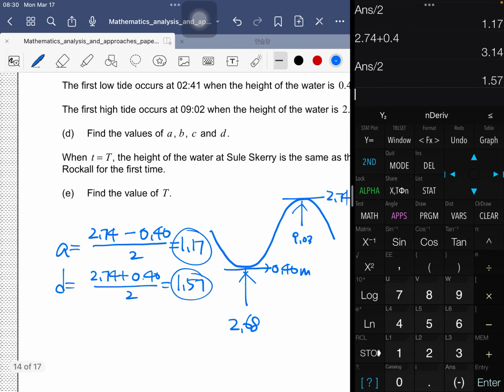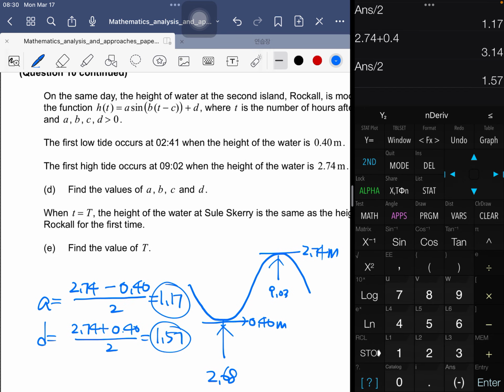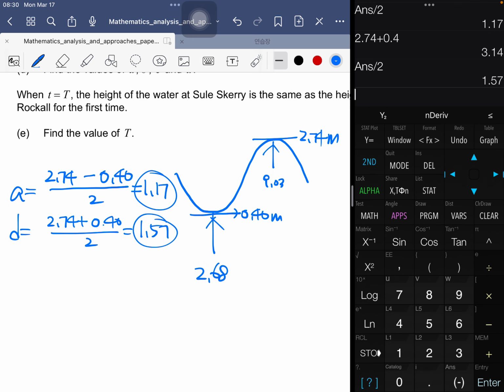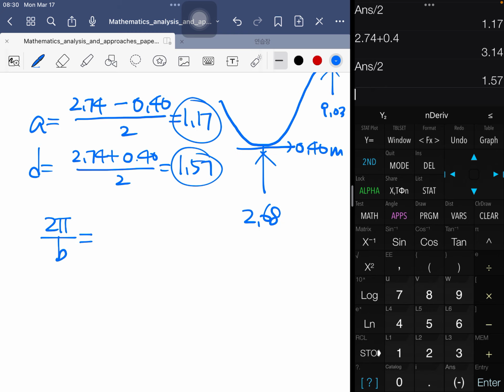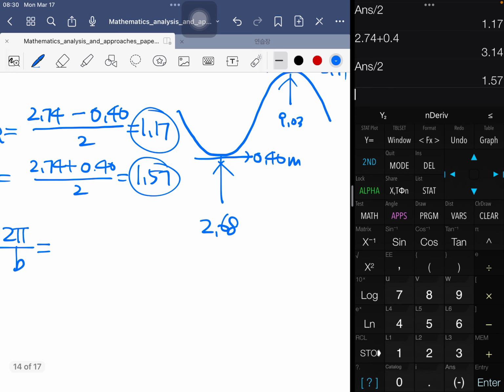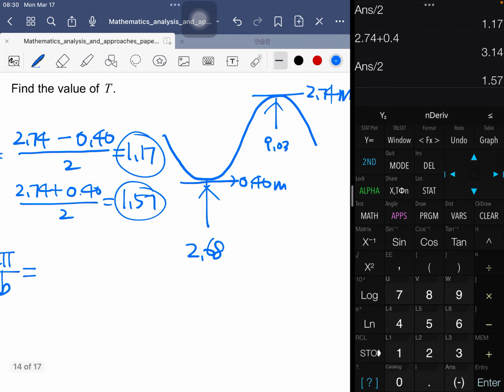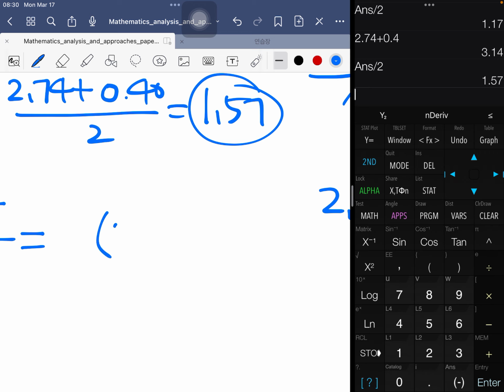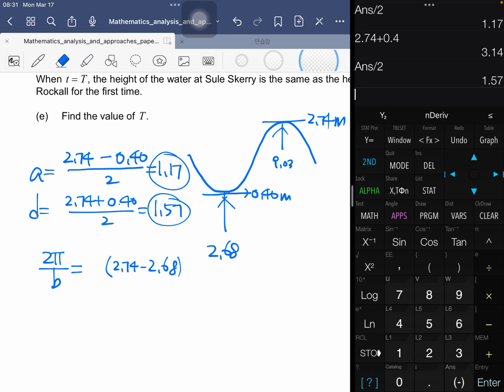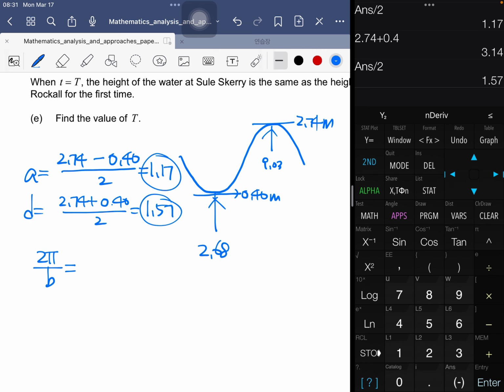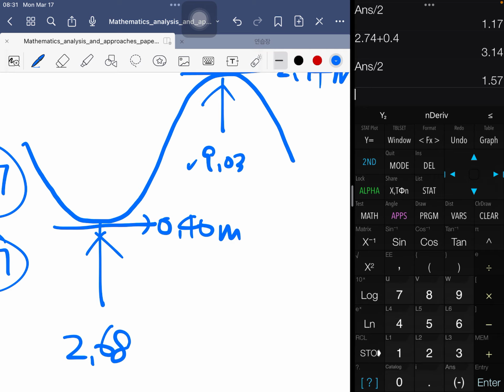And then we can find the period value of B. So 2π divided by B is the period. Period is from 2.74 to 2.68. So half period is 2.74 minus 2.68. What are you doing? This is the height. Don't confuse height with time. So this is time, right?